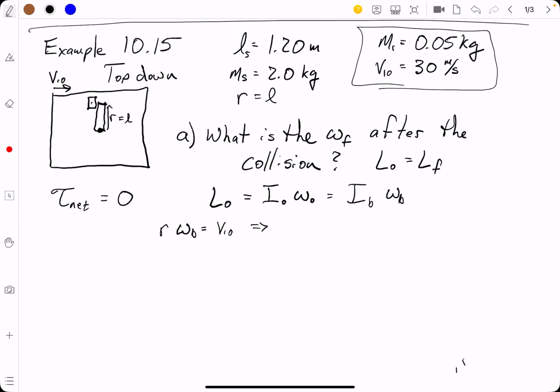Okay, so that means that omega b is equal to V10 over L stick. Do we want to keep it as a number, or I'll keep it this way. I don't want to plug numbers in yet.